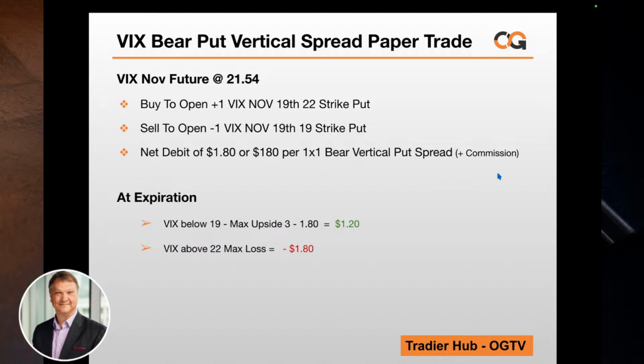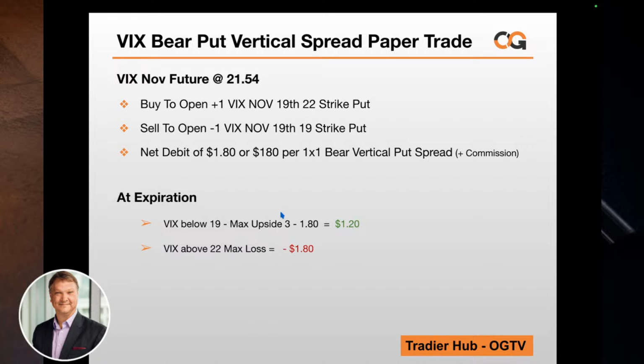And don't forget, you got to add commissions on or any fees, because that's going to be your max risk, and those are important. But at expiration, if the VIX is below 19, which it was below 19 not that long ago, your max upside would be the difference between the strikes, which is $3, minus the net debit paid of $1.80, or $1.20.